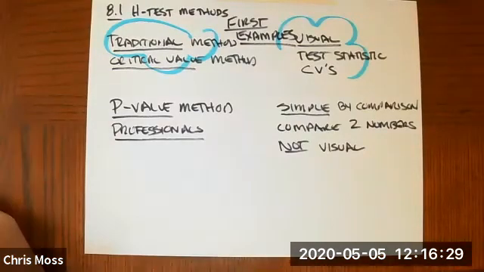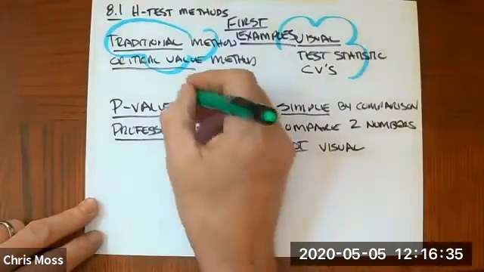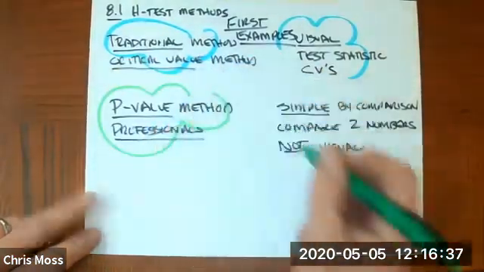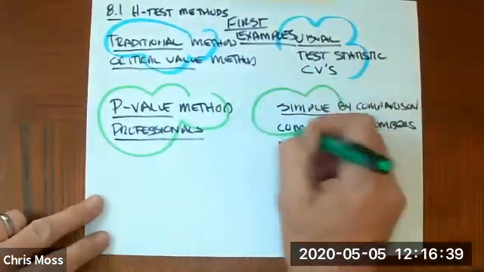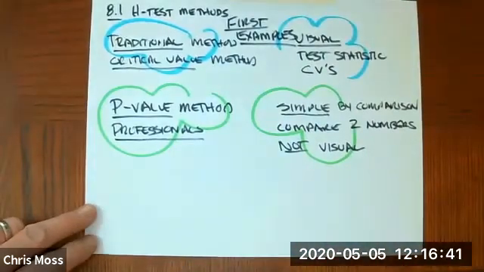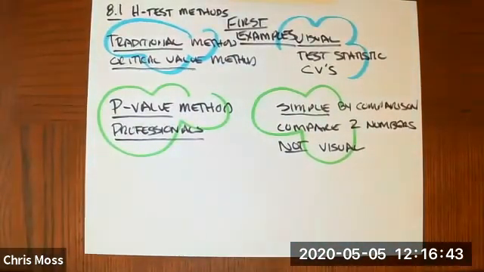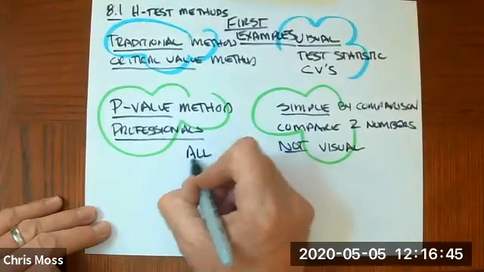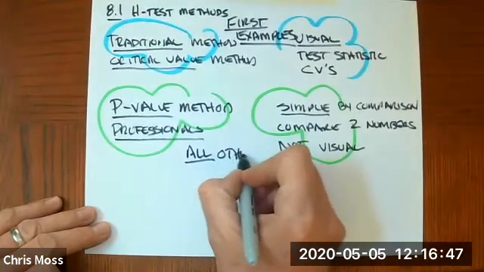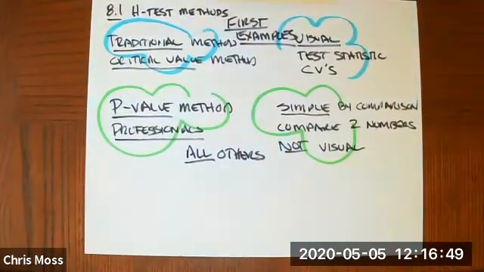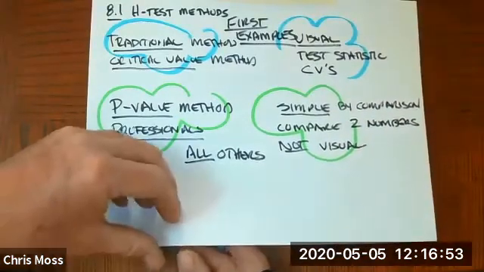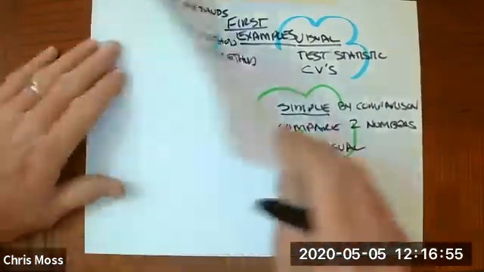But after I run through that first example, I'm going to take a look then at the p-value method. The first thing we'll do is see how our calculator works with that. But after the first example, all others will be handled with the p-value method. And you'll see a lot of examples with that.